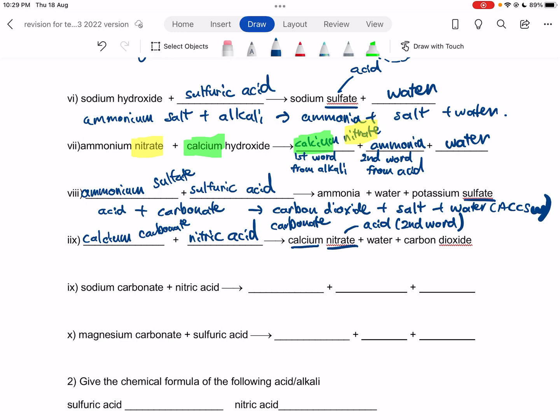This one will be sodium nitrate plus carbon dioxide, and then you have water. Next one you get magnesium sulfate plus water plus carbon dioxide.